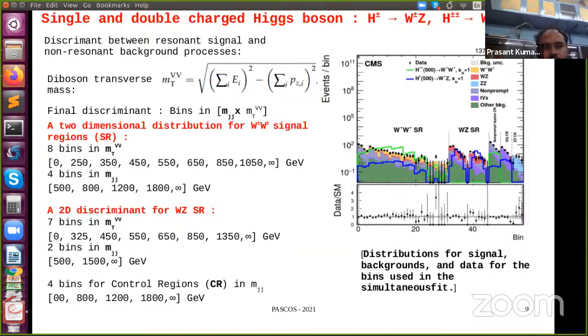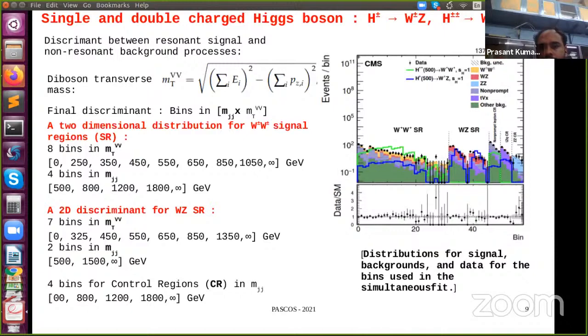In terms of different bins, for the WW signal regions there are 8 bins in the diboson transverse mass and 4 bins in the dilepton invariant mass. Similarly, for the WZ signal regions there are 7 bins in the transverse mass and 2 bins in the dilepton invariant mass. In the control regions, there are 4 bins in the dilepton invariant mass.